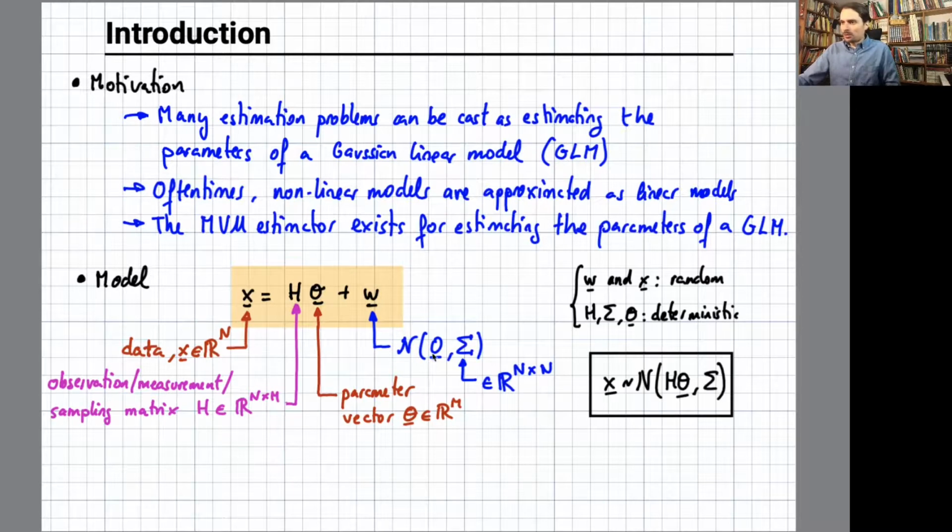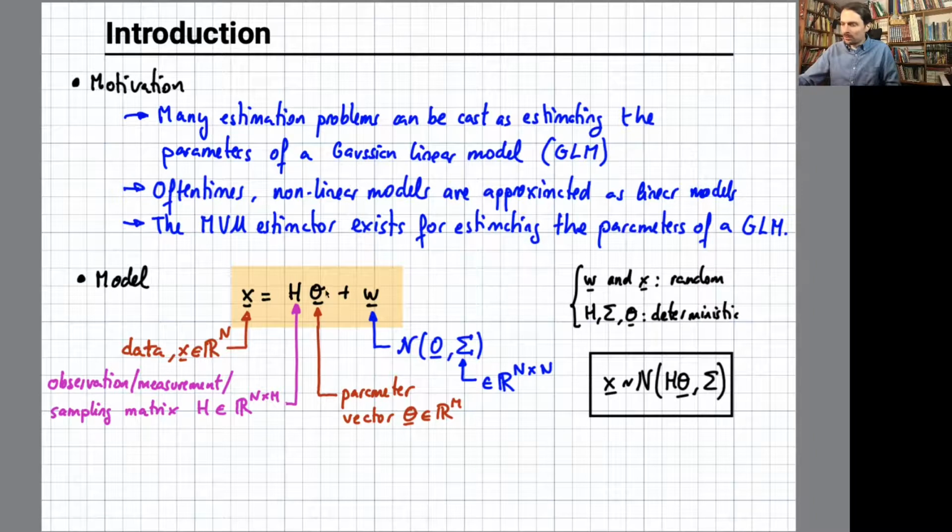Okay, so here this first term is deterministic. This matrix is deterministic, but this W is random, right? Which implies that X is also random. Or even more specifically, since W has this distribution, it follows from probability theory that X needs to adhere to a Gaussian distribution with this mean, right?